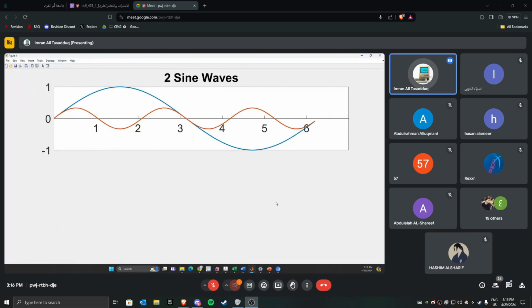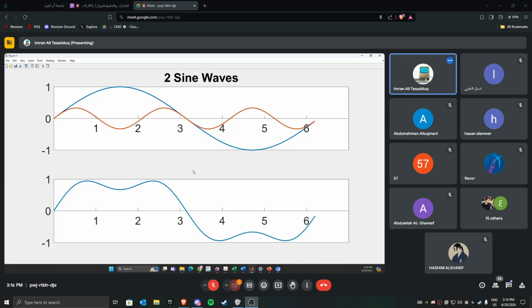Here you see two sine waves. One has one cycle, and the other sine wave, the orange one, has three cycles. When you add these two signals, you get this signal. Now, let's suppose I add one more sine wave to the above two.